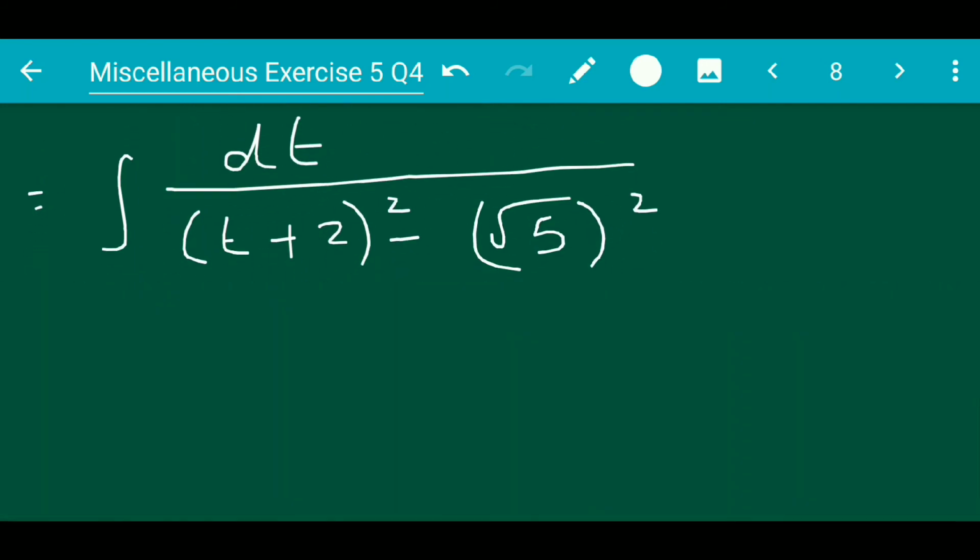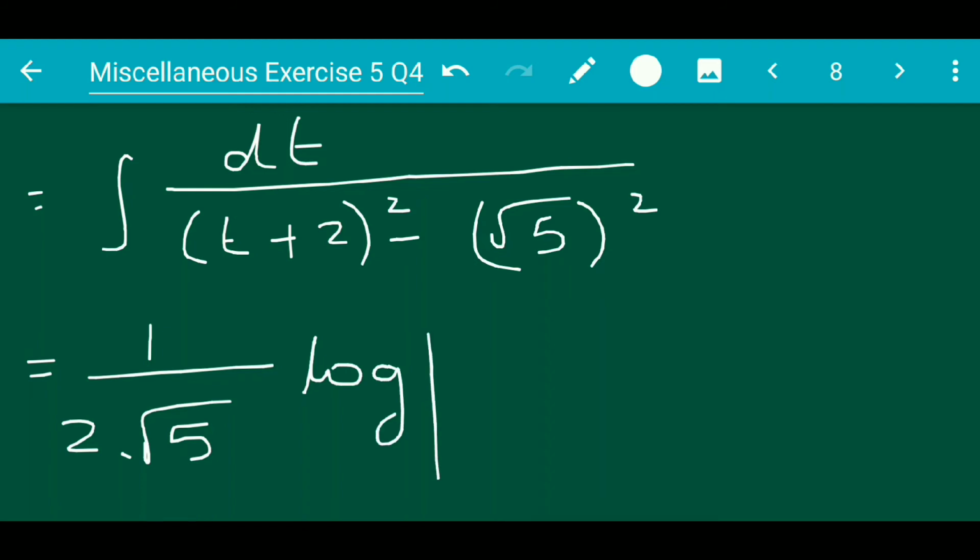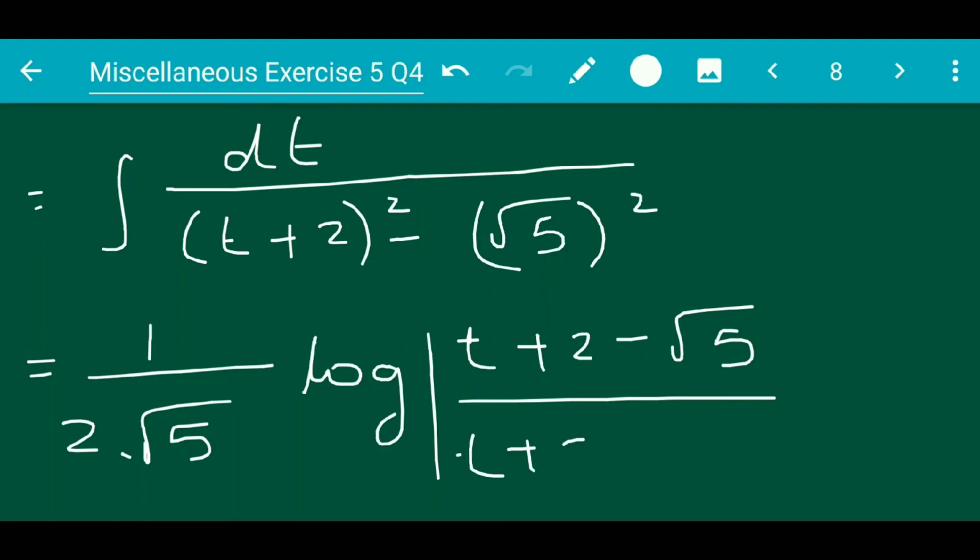It is like 1 upon x square minus a square. So the answer is 1 upon 2a, that is 1 upon 2 root 5, log mod of x minus a upon x plus a, where x is t plus 2. So t plus 2 minus root 5 upon t plus 2 plus root 5, plus c.